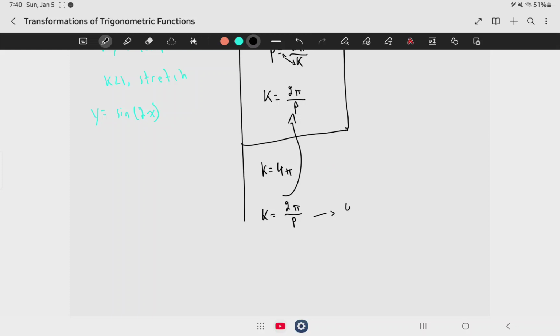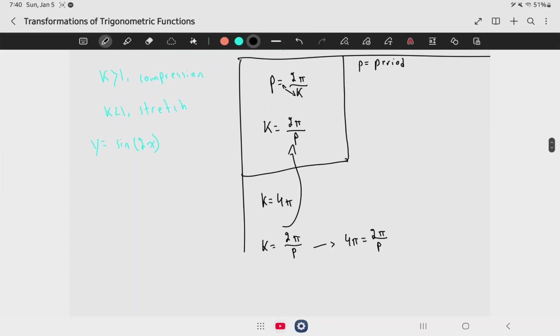Your k is 4 pi, so you plug in 4 pi is equal to 2 pi over p. That means the period is equal to 2 pi divided by 4 pi. So p is equal to 0.5.